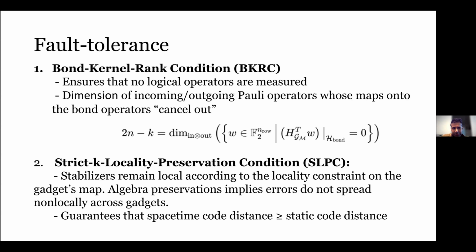So, that cancellation can be expressed algebraically in the form of a kernel of the rows that appear in the stabilizer tableau that Yichen showed for the toric code, for the Floquet toric code. So these rows in the stabilizer tableau specify the maps onto the bond operators. And so when these maps onto the bond operators cancel out for some incoming Pauli operators, that means you have measured that Pauli operator inside the space-time dynamics of the gadget.